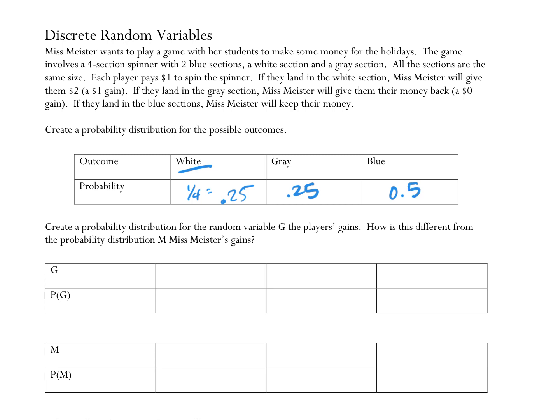Okay. Now, when it comes to this idea of a random variable, it is how we take the spinner and apply numeric values to the spinner. So right now, if we let G be the player's gain, here's what we mean by that. At the end, how much money have you made?